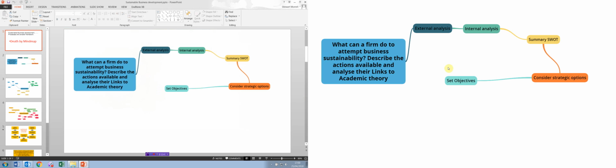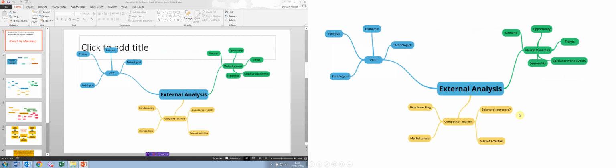So there's the main framework, but we'll break that down a little bit more and add some detail to it. Starting off with your external analysis, you can talk about PEST: political, economic, sociological and technological.